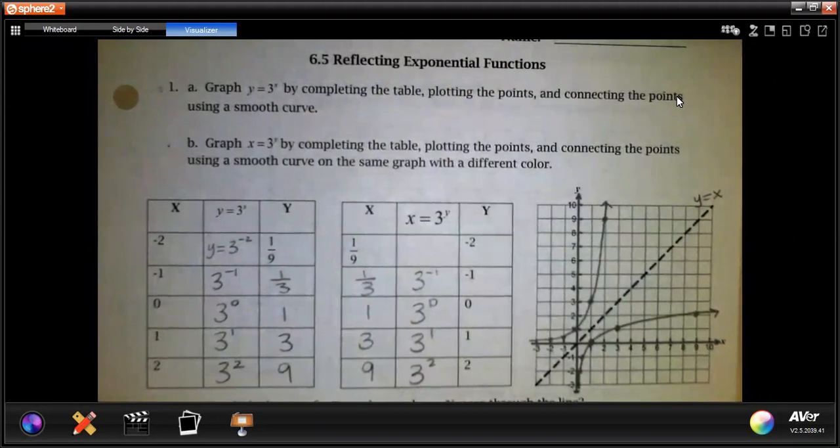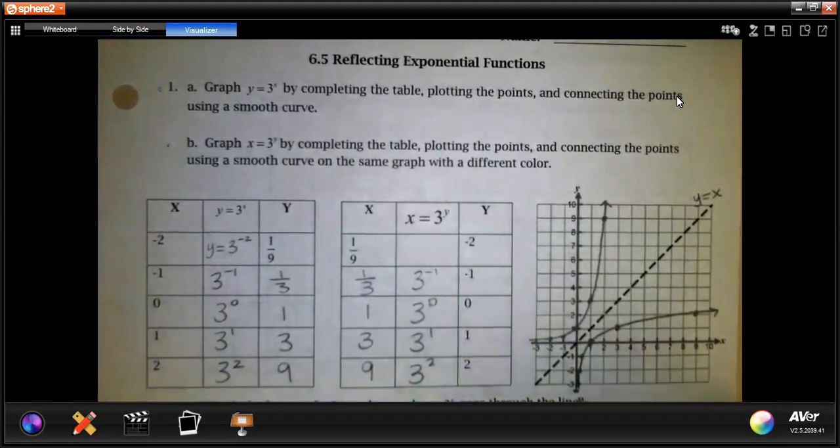And we've switched the x and y. So you should have a light bulb now because we've talked about what relationship that is before. That's an inverse relationship. When we switch our x and y, and it's a reflection across this y equals x line, that's the definition of an inverse. So we have just graphed the inverse of an exponential. The inverse of an exponential has a name. It's called a logarithm.